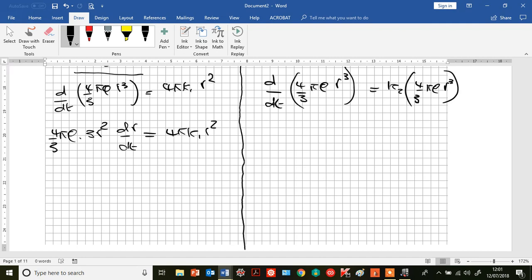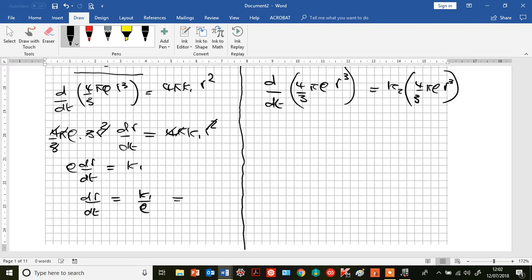If we simplify this, the r squareds cancel, the pi and the 4 cancel, and the 3 cancels with the 3, and we're left with rho dr by dt equal to k1.